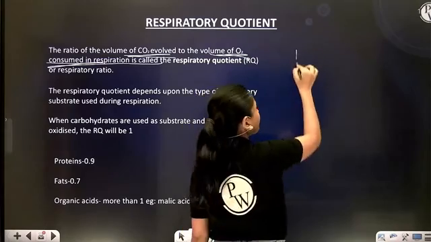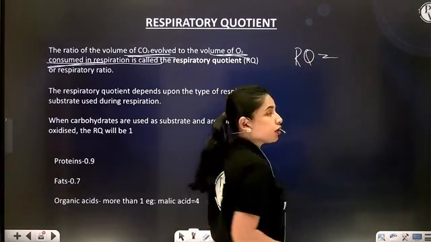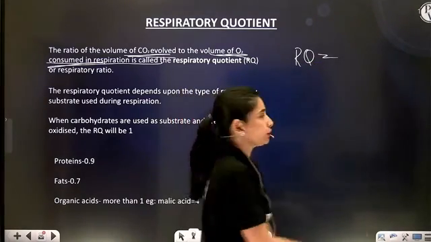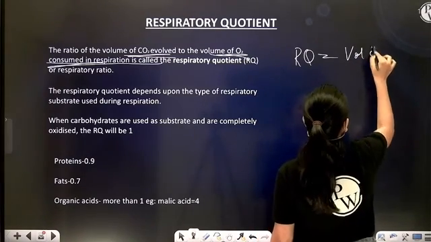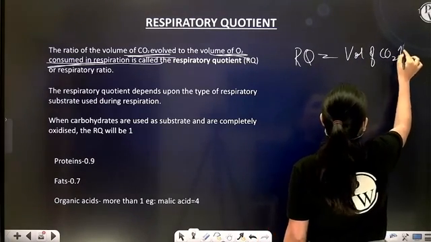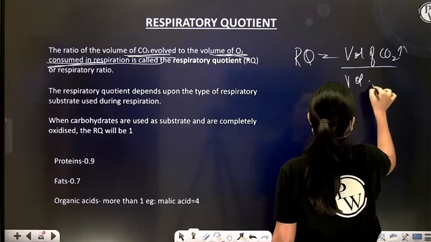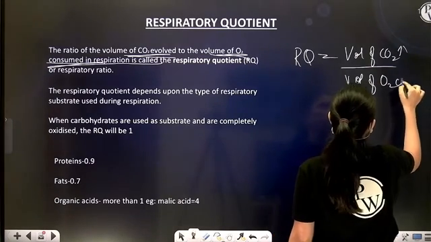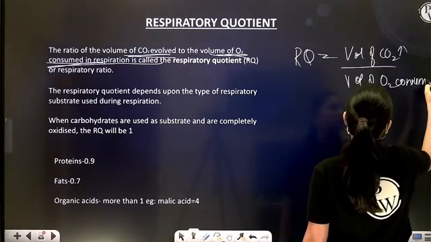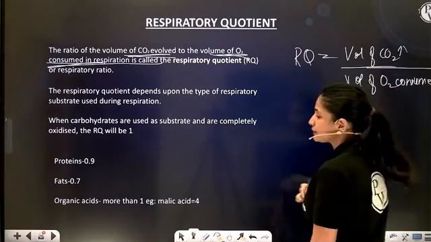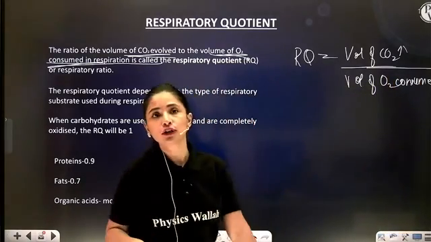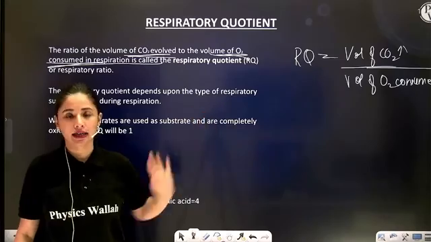You can simply write RQ as volume of CO2 evolved during respiration upon the volume of oxygen consumed. Correct? So volume of CO2 evolved upon volume of oxygen consumed is RQ.